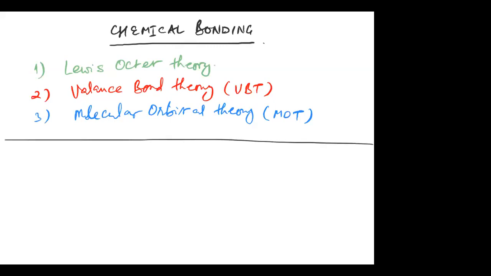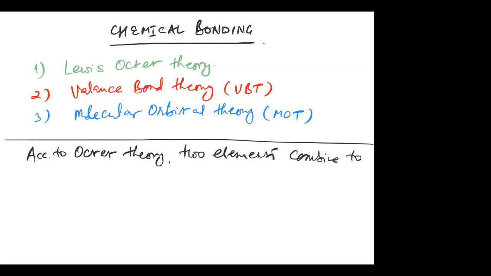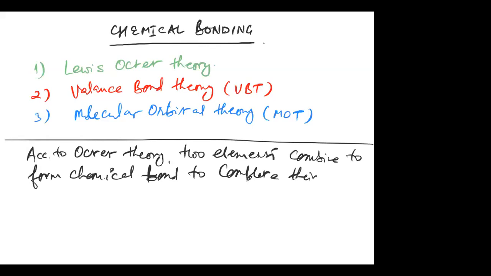So according to Lewis Octet theory, two elements combine to form a chemical bond to complete their octet or duplet.